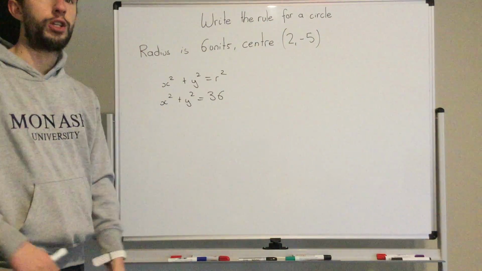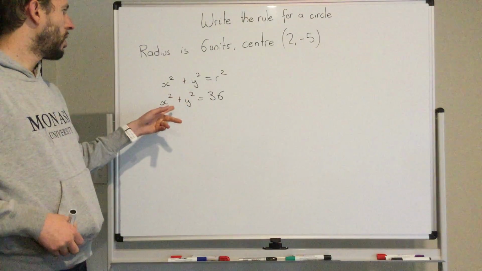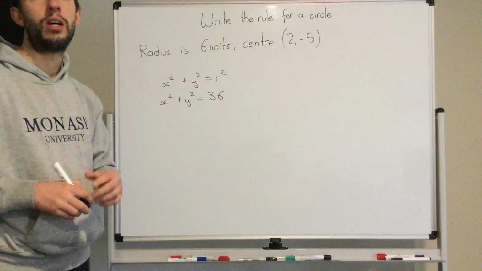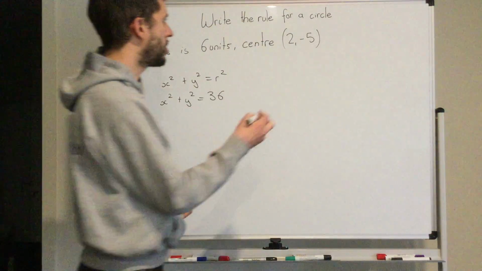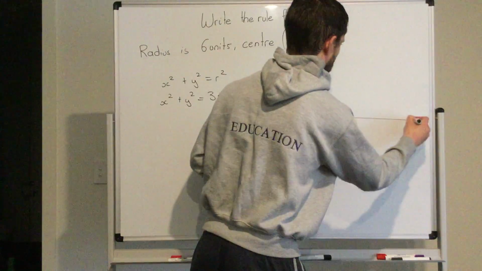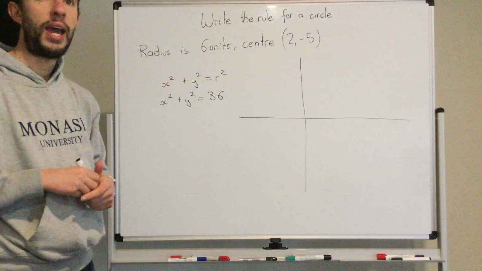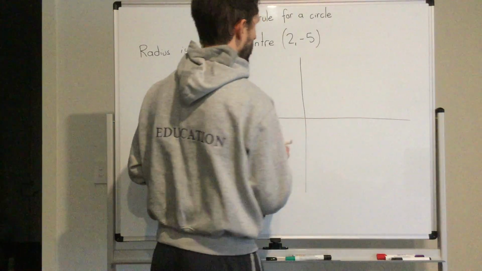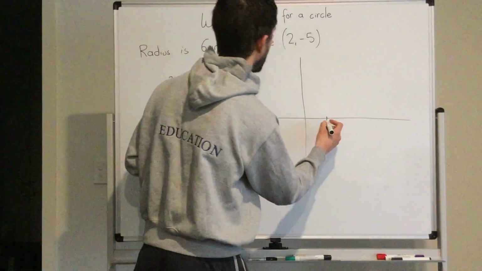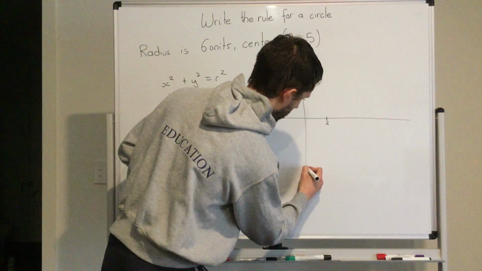The next thing I want you to think about is the origin, because the center of our circle. So at the moment, we know our center is at 2 and -5.